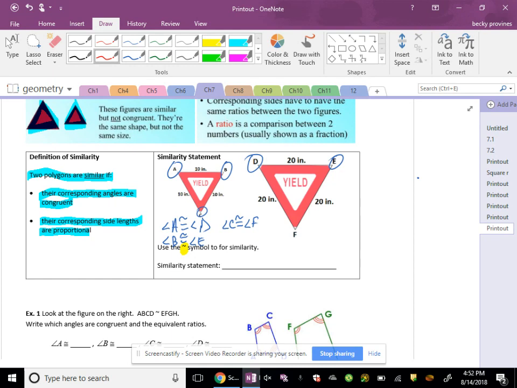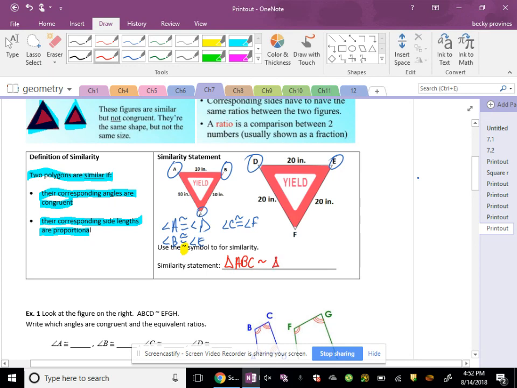So if I were to do this, I would have to put them in the same order as I just did the angles. So the first triangle, it really doesn't matter which order you go in. So I could say ABC, CBA, BAC. You just choose and put the letters in order. It doesn't make a difference. Now I'm going to use my new symbol for similarity.